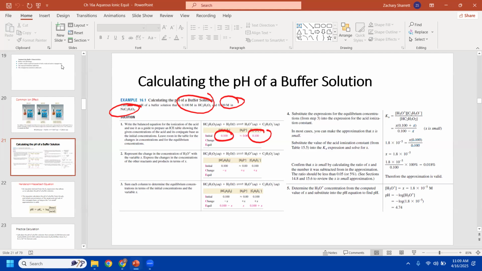Claudia, what do you think? Why am I putting 0.1 molar starting? Remember, every single ice table we've ever made, one side's always pretty much been 0, right? Why am I starting with 0.1 over here? Any thoughts? Jackson?